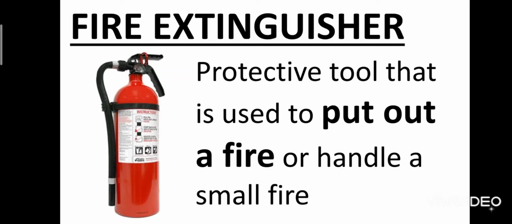Okay, in this slide we learn about fire extinguishers. A fire extinguisher is a protective tool that is used to put out a fire or handle a small fire. Normally, we have 4 types of fire extinguisher. The substance used in a fire extinguisher differs based on the type of materials on fire.